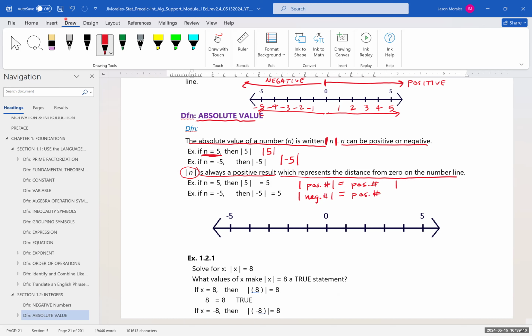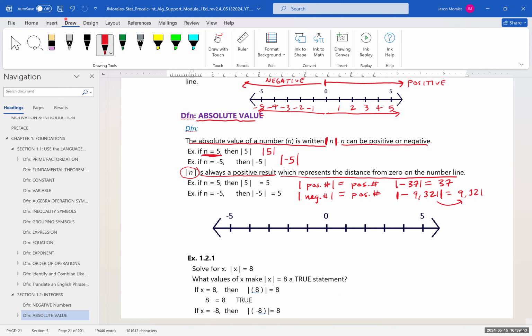So if you have the absolute value of -37, that's going to be equal to +37. You have the absolute value of -9,321. That's equal to +9,321. So absolute value just takes any number and makes it positive.